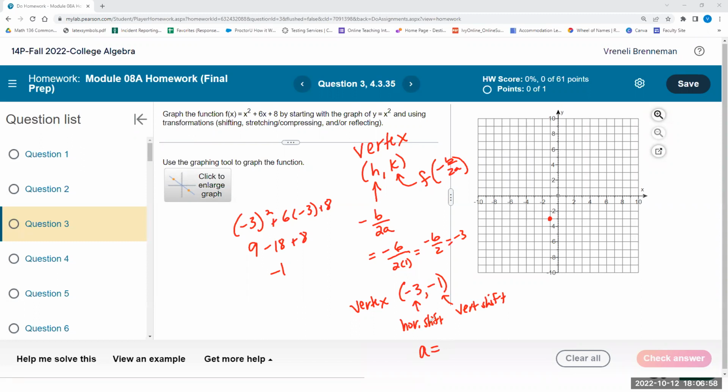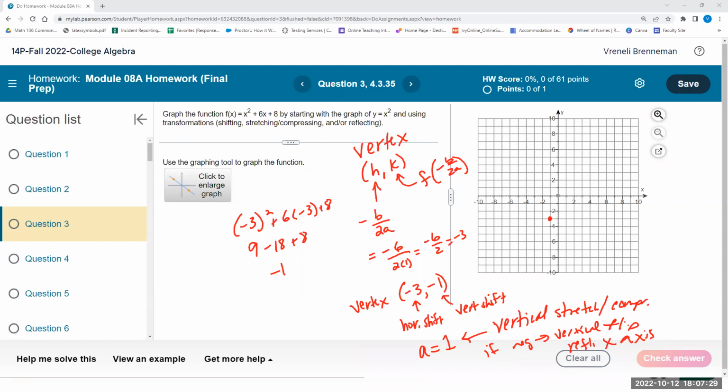That's the same from standard form or vertex form, and it corresponds to any vertical stretch or compression. If it's negative, there would be a vertical flip, which is a reflection across the x-axis.